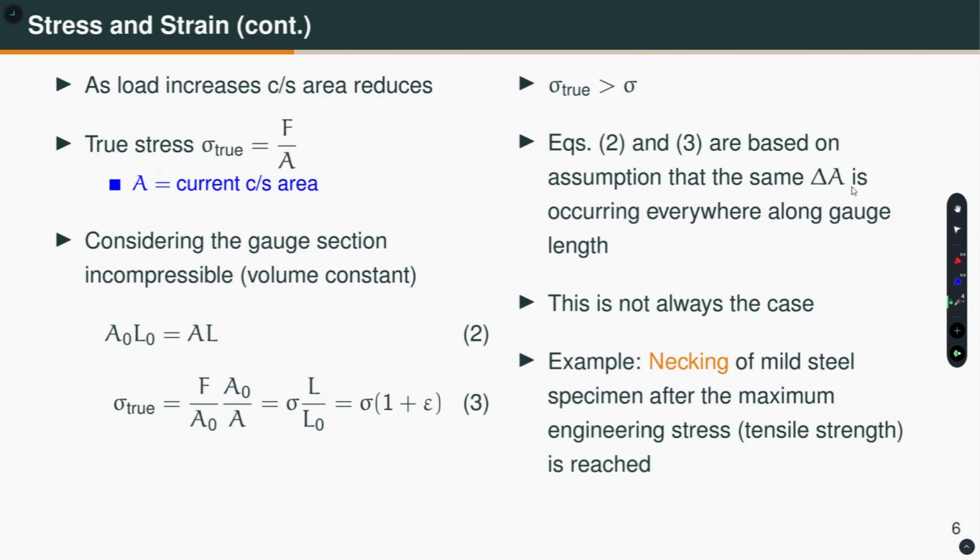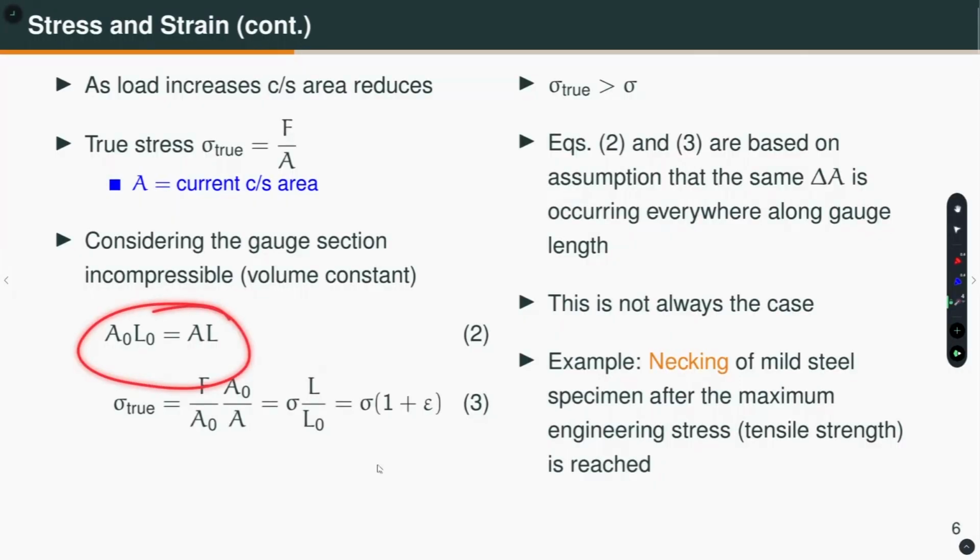When you take a mild steel specimen, after it reaches the tensile strength, at some point somewhere within the gauge length there will be necking. That means a significant reduction in the cross sectional area. In that case, these two equations are not valid. If you want to get the true stress, you have to measure the actual cross sectional area and divide by that, then only you will get the true stress.